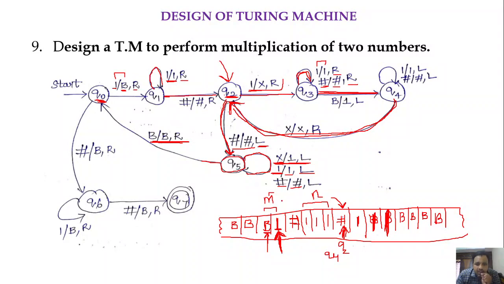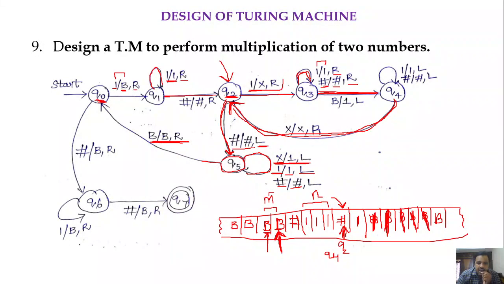So in q naught, here I assume that we have copied n values two times. Now when we move the head towards the left, we will get a blank.